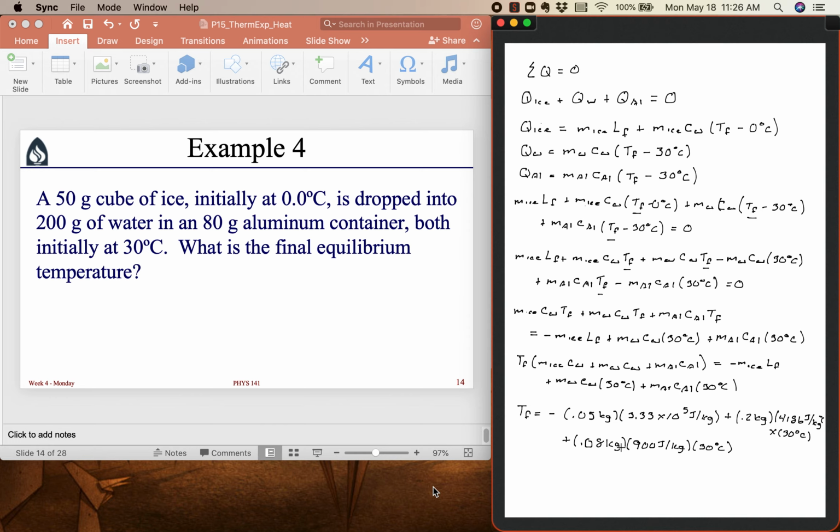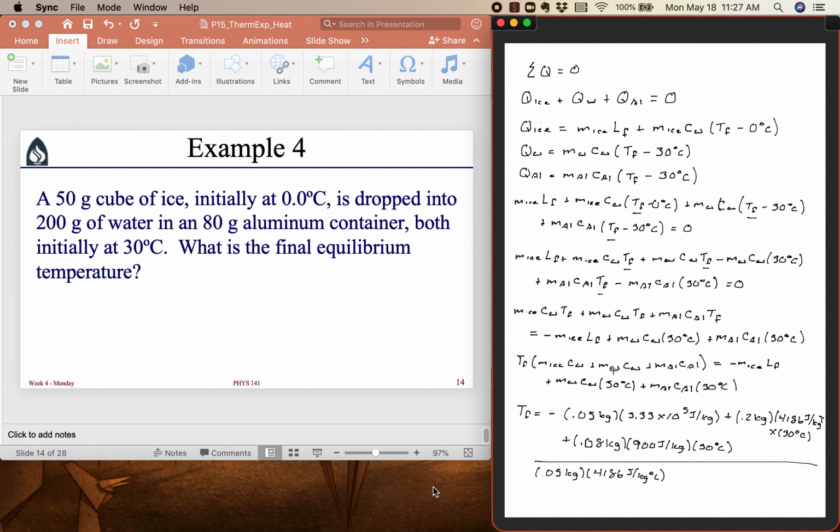Okay, so that all gets added together, and then that whole thing is divided by mass of the ice times C W. So the mass of the ice was 0.05 kilograms, and then the specific heat of water is 4,186 joules per kilogram degrees Celsius.